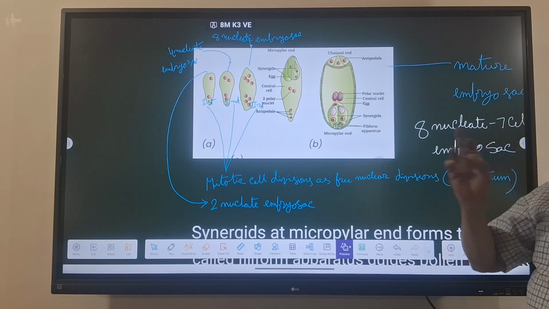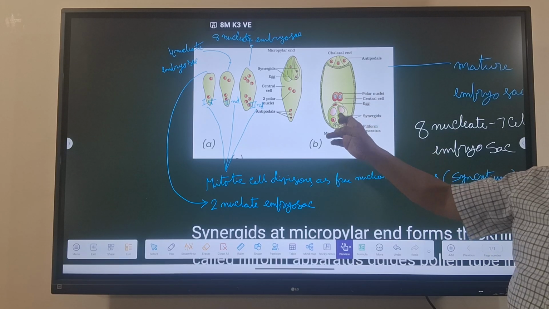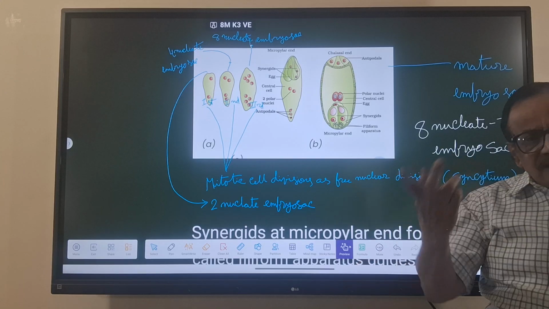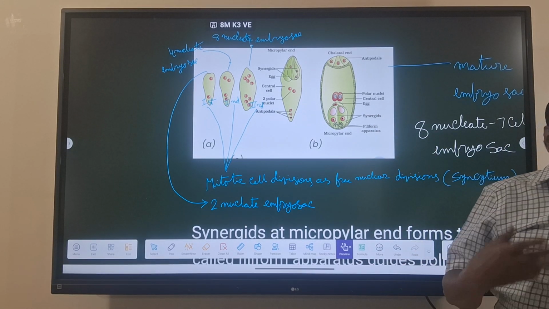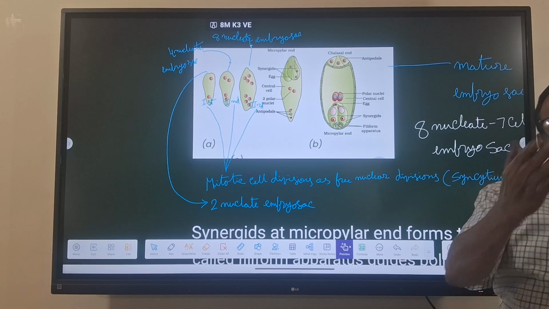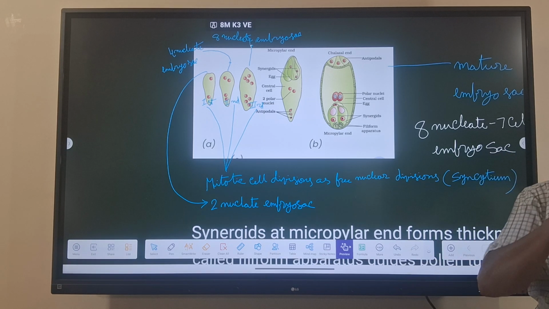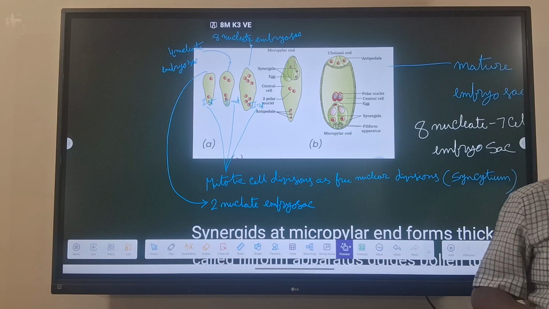For example, whenever we see this, the embryo sac is initially present inside the nucellus. The nucellus is diploid, the embryo sac is haploid. In the same way, the male gametophyte is the pollen grain in the anther.